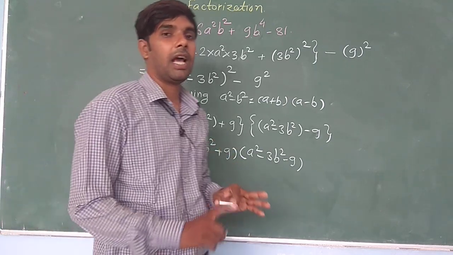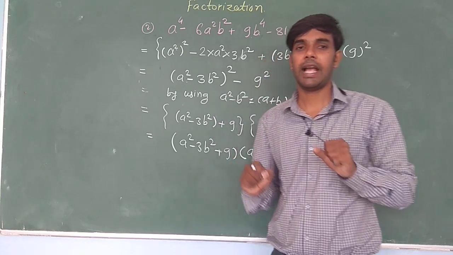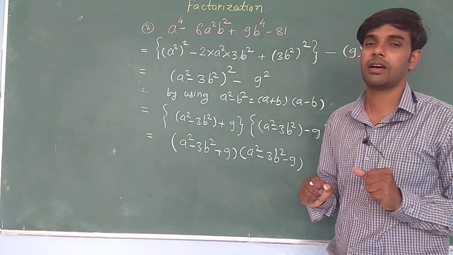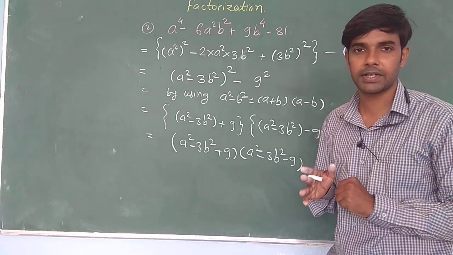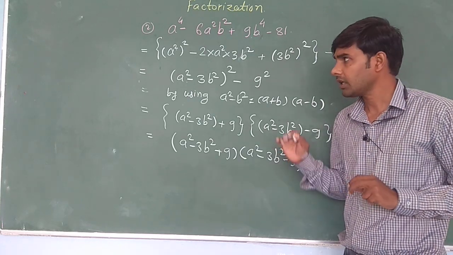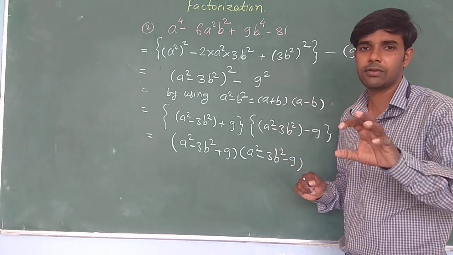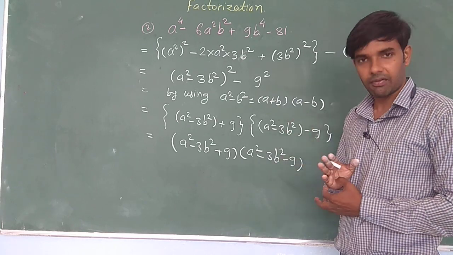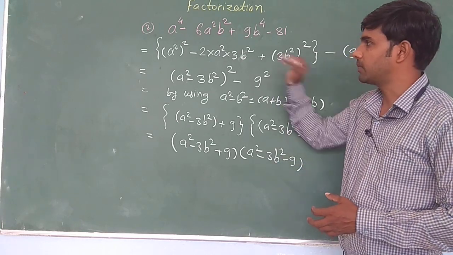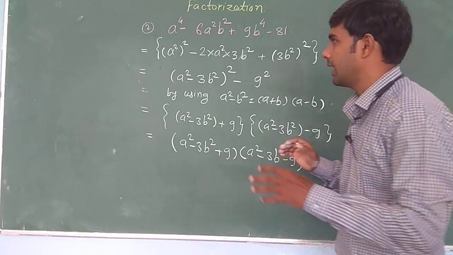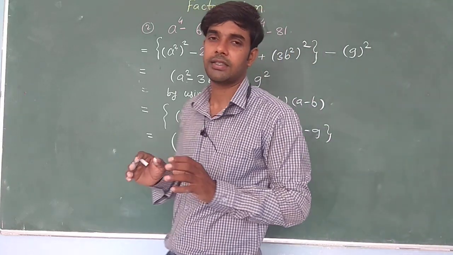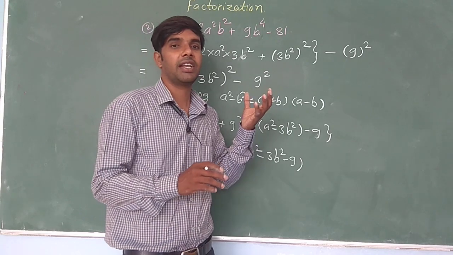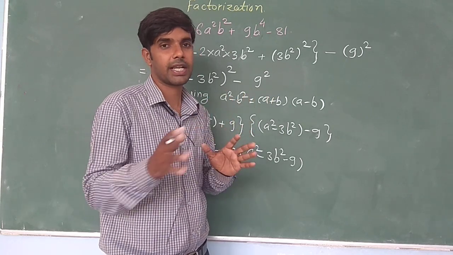Okay, so till now you have got an idea how to find the factors of the given algebraic expression. You should use three identities. By using three identities, you can solve the factorization questions. So observe the algebraic expression first, then decide which identity you are going to use, first, second or third.